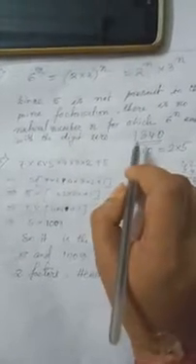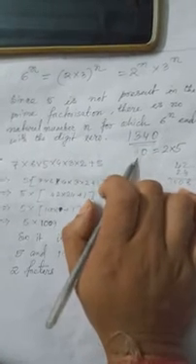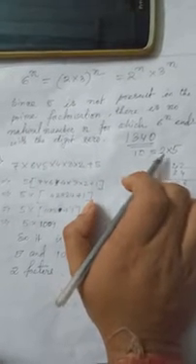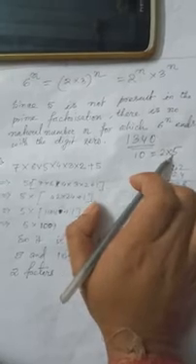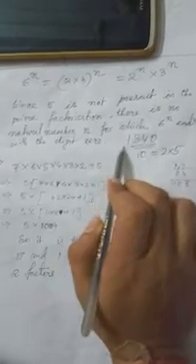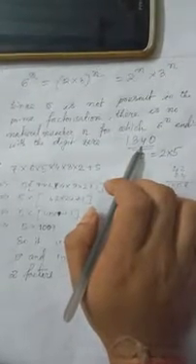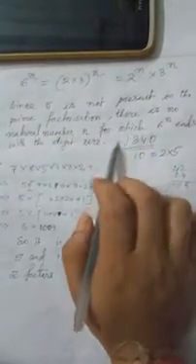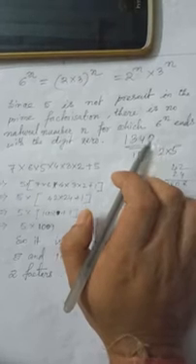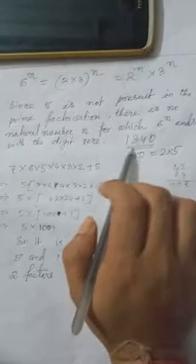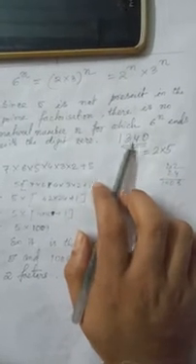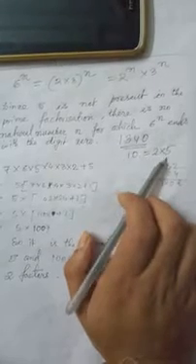So when a number is divisible by 10, then there will be 2 and 5 as factors of that number. So when the last digit of a number is 0, it will be divisible by 2 and 5.